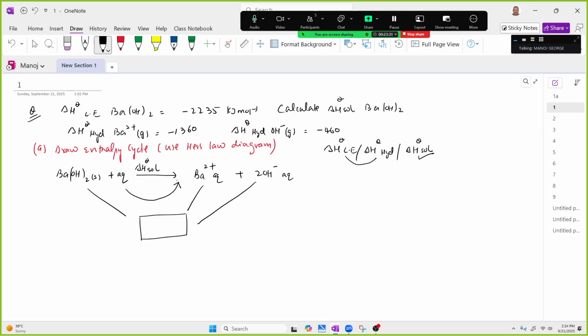So what do I need in the box to make the ionic compound? I need ions in gas, correct? So I need this ion and I need the two hydroxide ions. So if I have ions in gas, I can go here. That's my lattice. So this is my delta H lattice energy, which is already given as minus 2235.